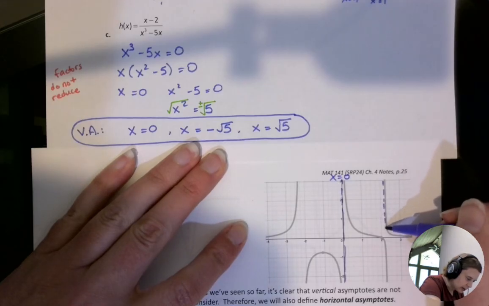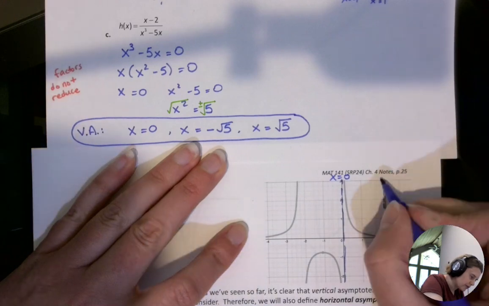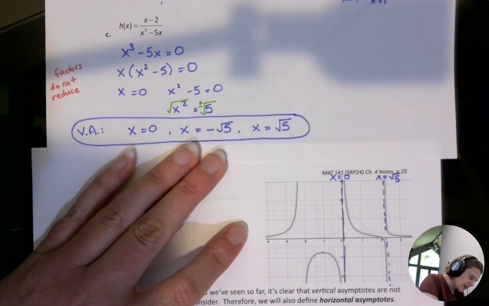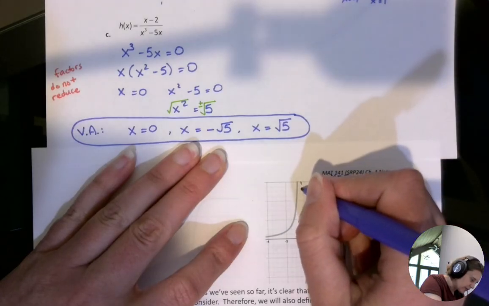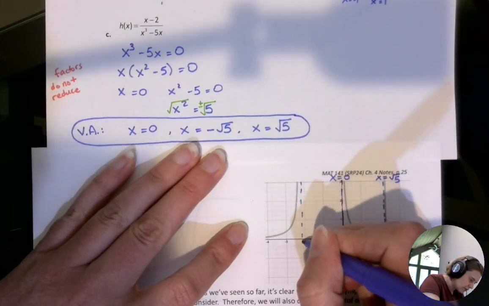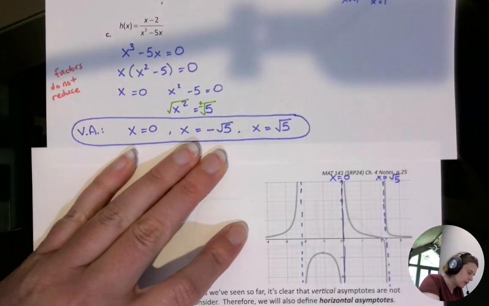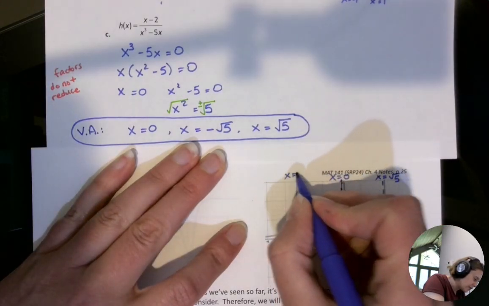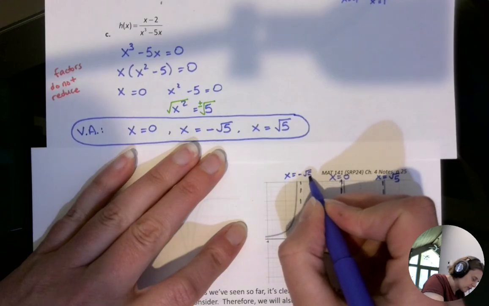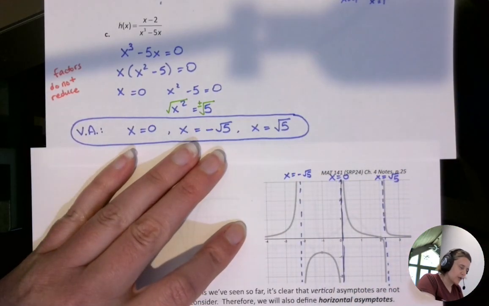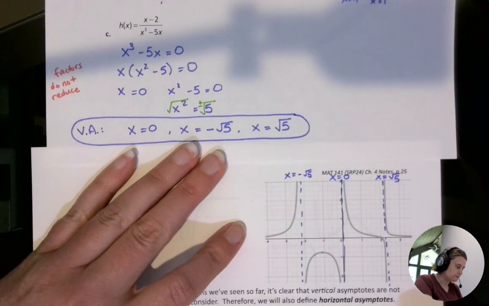It's a little bigger than 2. So this would be the vertical asymptote for x equals the positive square root of 5. And then similarly, we're going to be a little bit smaller than negative 2, since the square root of 4 would be negative 2, the square root of 5 is a little bit smaller. So this would be the vertical asymptote x equals negative the square root of 5. So 3 asymptotes matches up with what we see from this function.